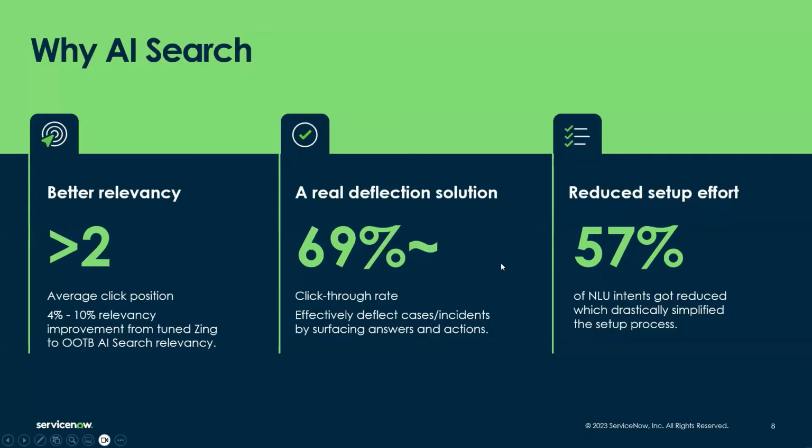AI search can help to deflect cases, so a lot of cases can be deflected with the help of AI search. And of course, it is very easy to set up and very easy to use. So this is one of the features and components in demand, considering today's need.